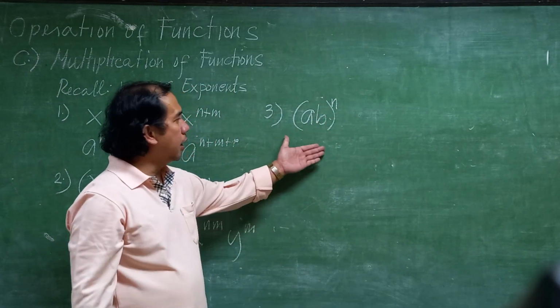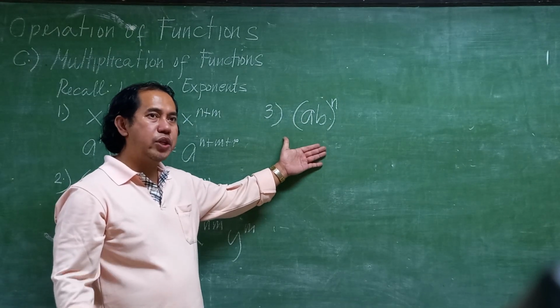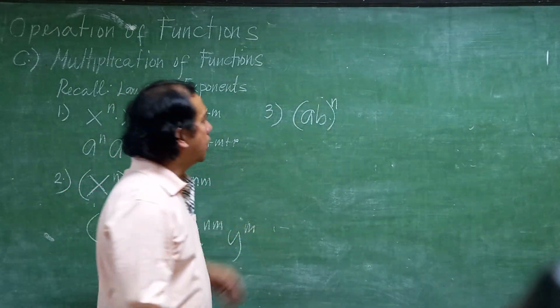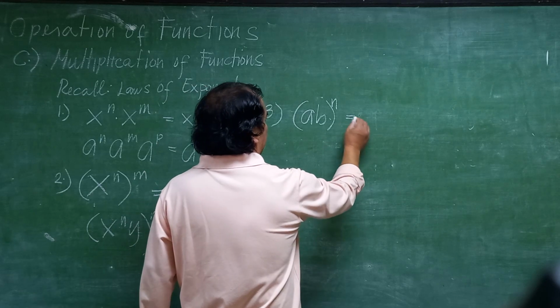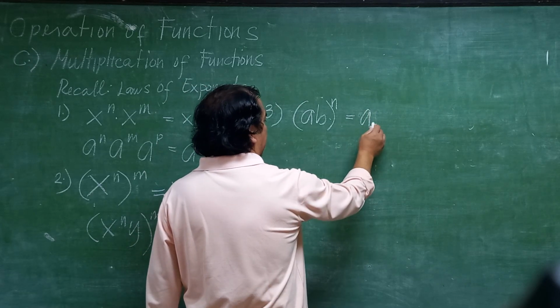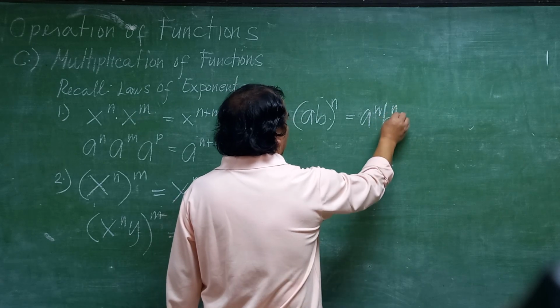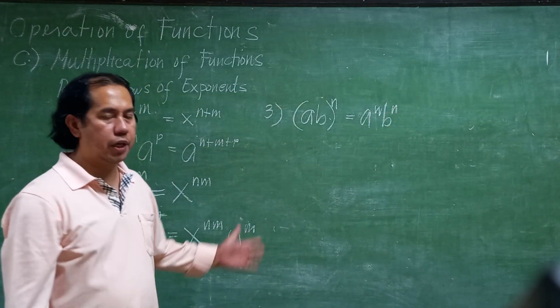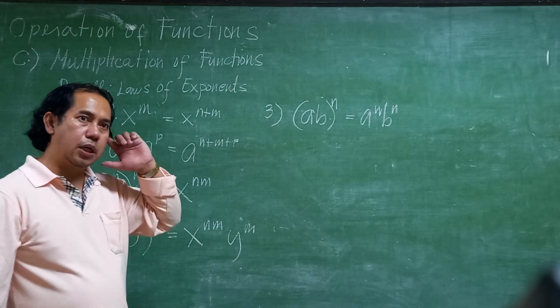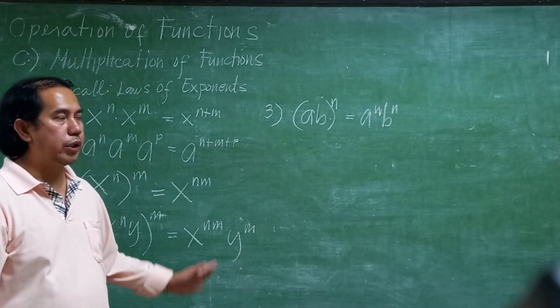If we have this as our notation, we just distribute the exponent. So the result would be a raised to n, then b raised to n. So these are the basic laws of exponents that we need to consider.